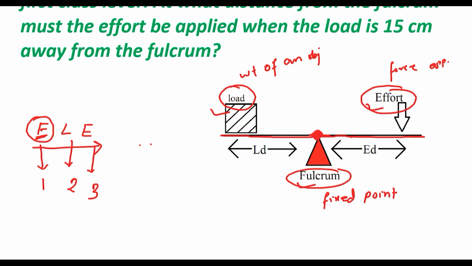A second class lever is the type of lever in which the load is situated between the fulcrum and effort. And a third class lever is the type of lever in which the effort is situated between the fulcrum and load. With the help of this trick, we can define first class, second class, and third class levers.